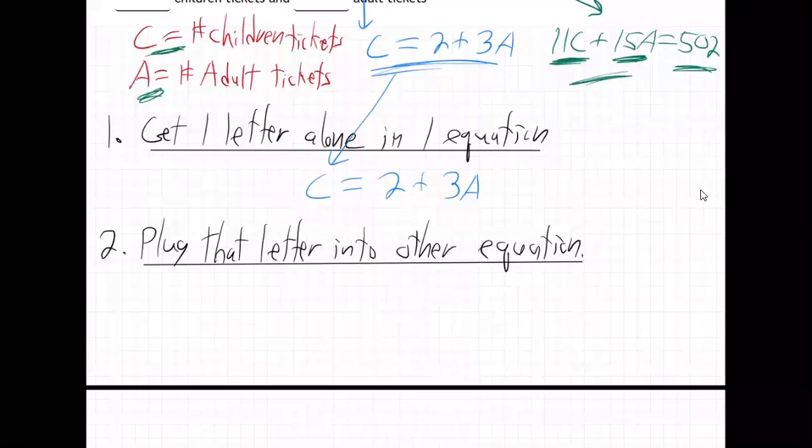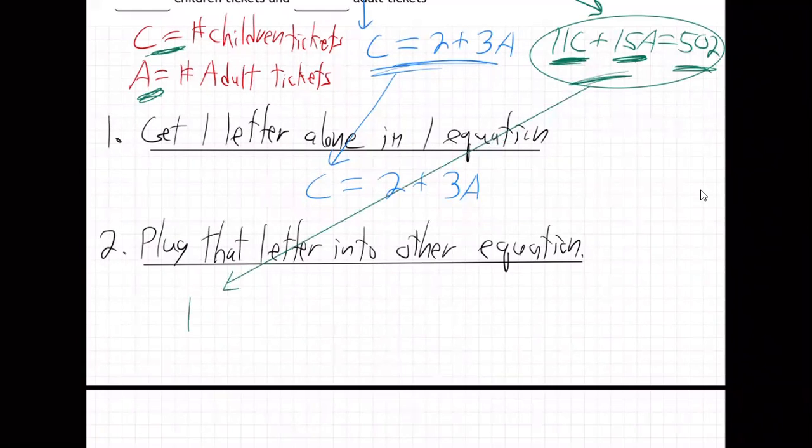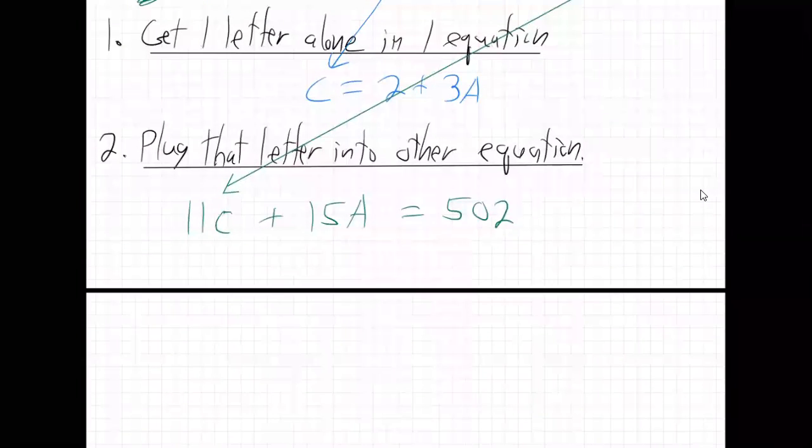So I'll come over here and grab the second equation and bring it down like that. And so we've got 11C plus 15A is 502. Okay.